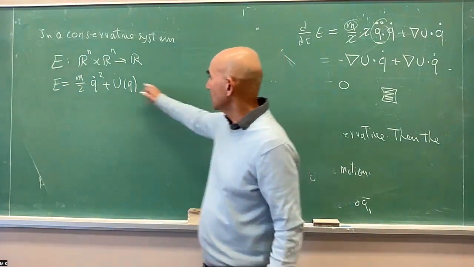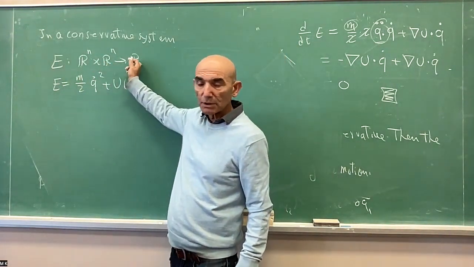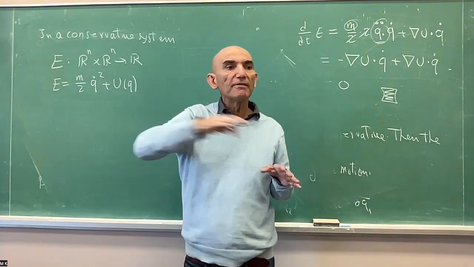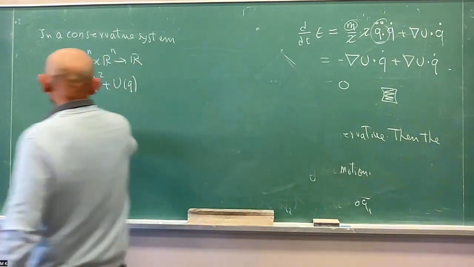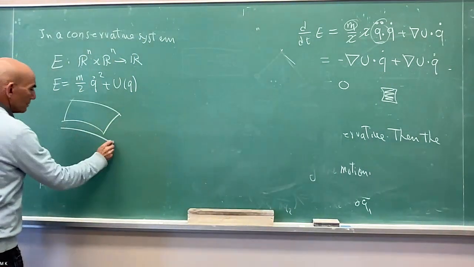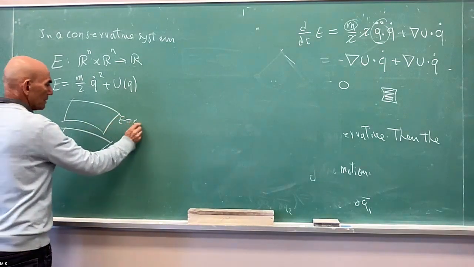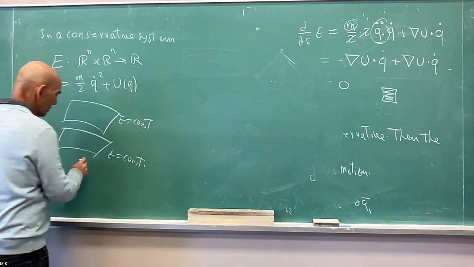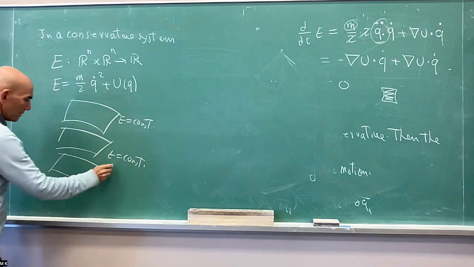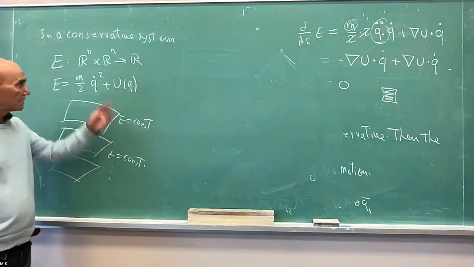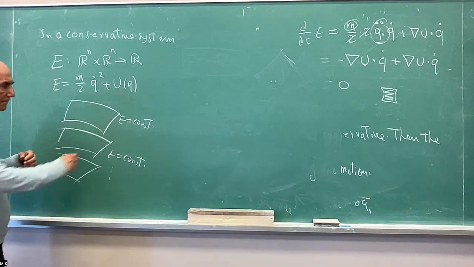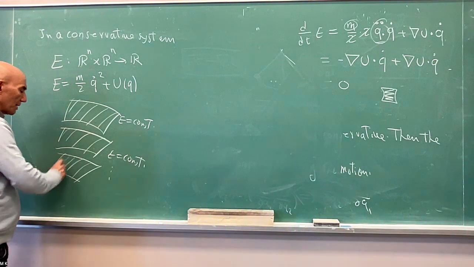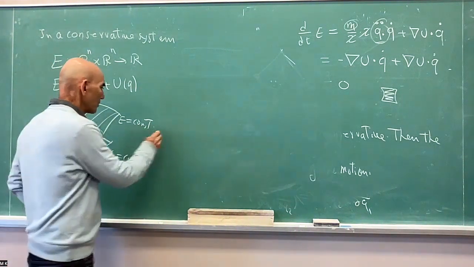So this is a function on this space of 2n dimensions, and so the conservation of energy says that the motion is on level surfaces of these things, right? So these are like E constant, because this defines level surfaces. And they are constant energy hypersurfaces.